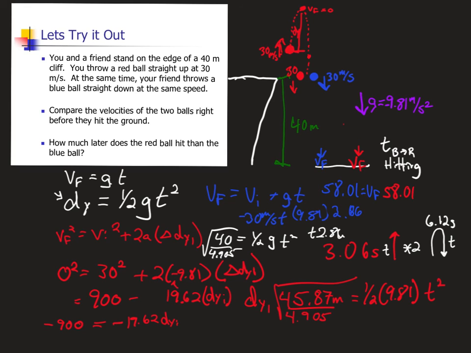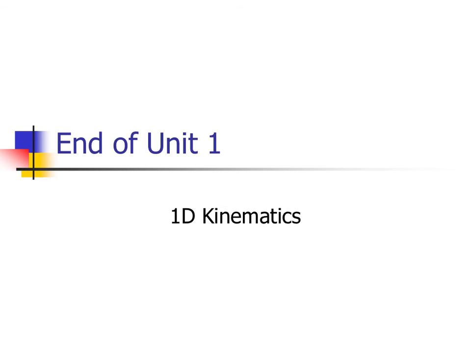They're just going to hit the ground at different times, and the time delay is the amount of time that it takes for the red ball to go up and then down before it falls all the way onto the ground. And thus concludes the end of Unit 1 on one-dimensional kinematics.